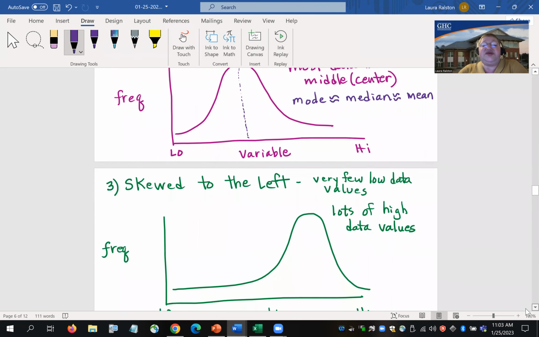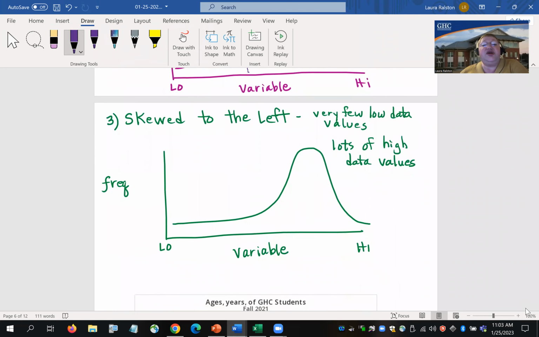And finally, with skewed to the left, you would actually have the mean is the smallest, then the median, and then the mode. Notice in all three cases, the median is in the middle, because remember, it's the measure of center that represents the middle value.